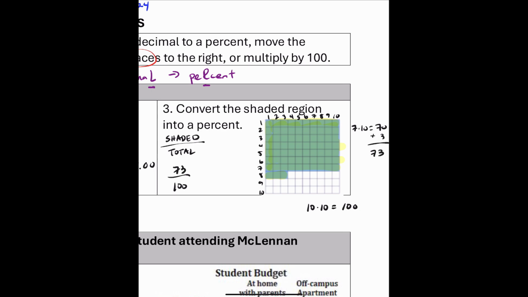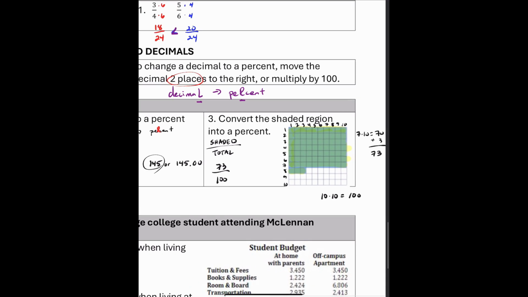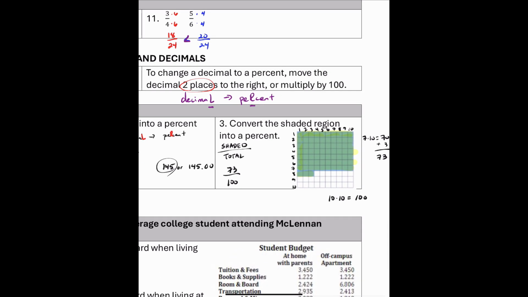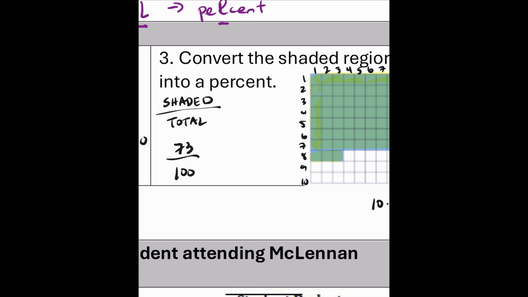All right, so we have 73 divided by 100, okay? So what we need to do is, since we have this fraction, so we have 73 over 100, right? So any number divided by 100 is that number percent. So in this case, we have 73 over 100. That's just 73%, and that is our answer.